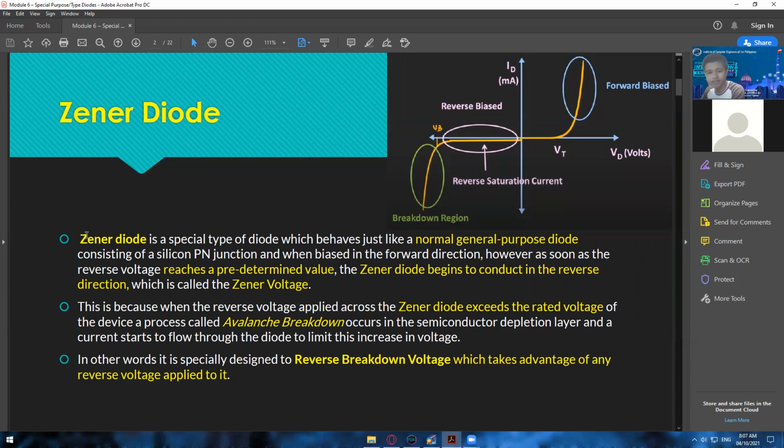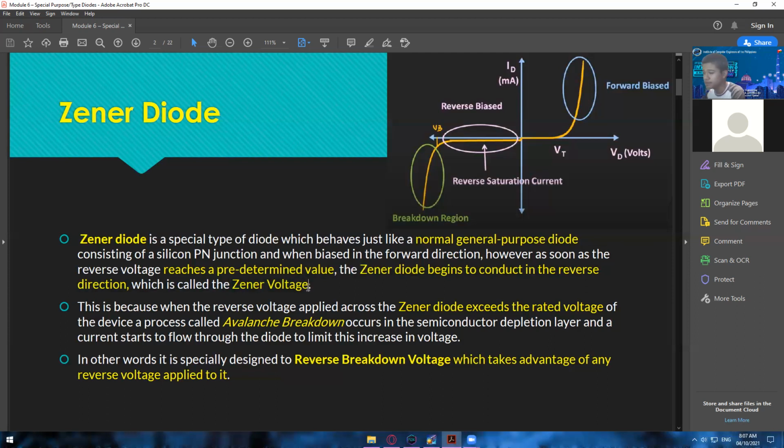This one works the same in forward bias, so it behaves the same as a normal diode. However, the special thing about the Zener diode is that it starts to conduct in the reverse direction once it reaches the so-called Zener voltage.